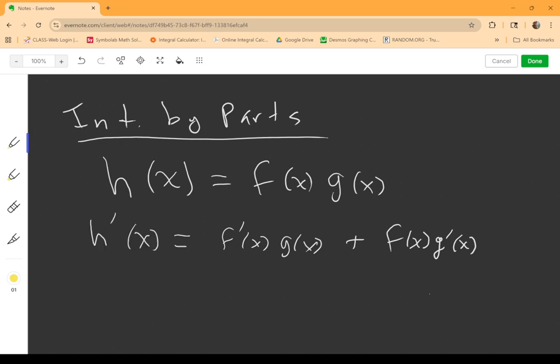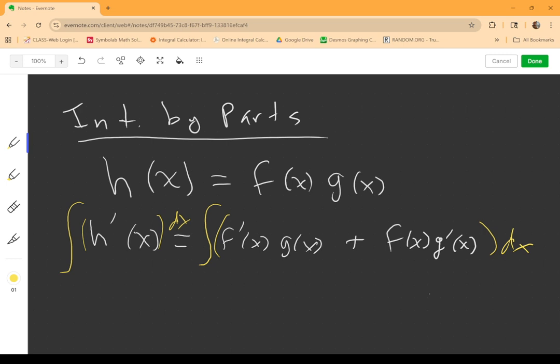Now what if I take the integral of both sides with respect to x? If I do that, remember the integral of a derivative is just the original function itself.